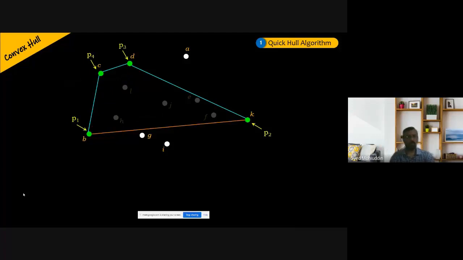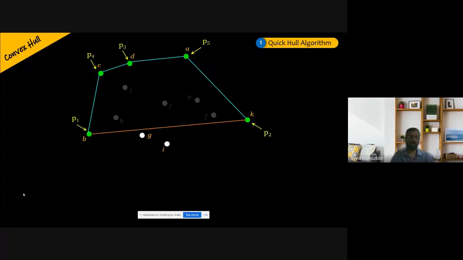Now we have a segment between point P2 and P3. So we try to consider this A, which is the upper hull, and there are some points in the lower hull, and point P5 is the only point there. So we try to connect this and form a triangle, and then point A also becomes a point of the convex hull.